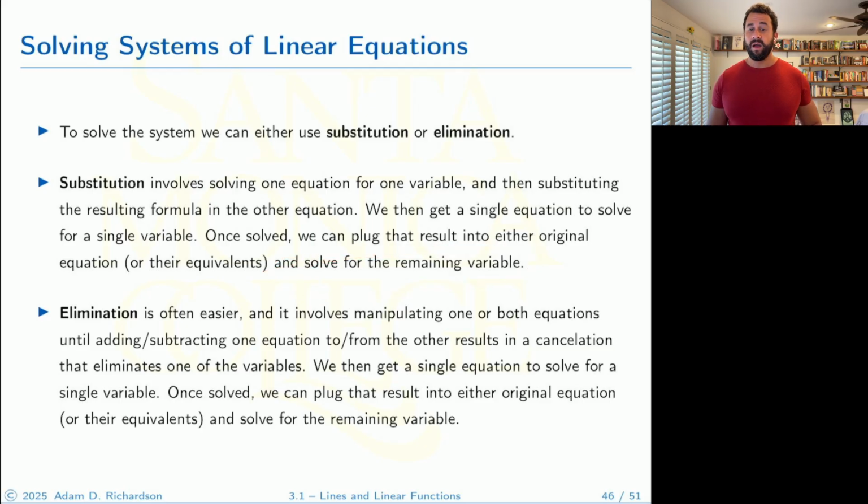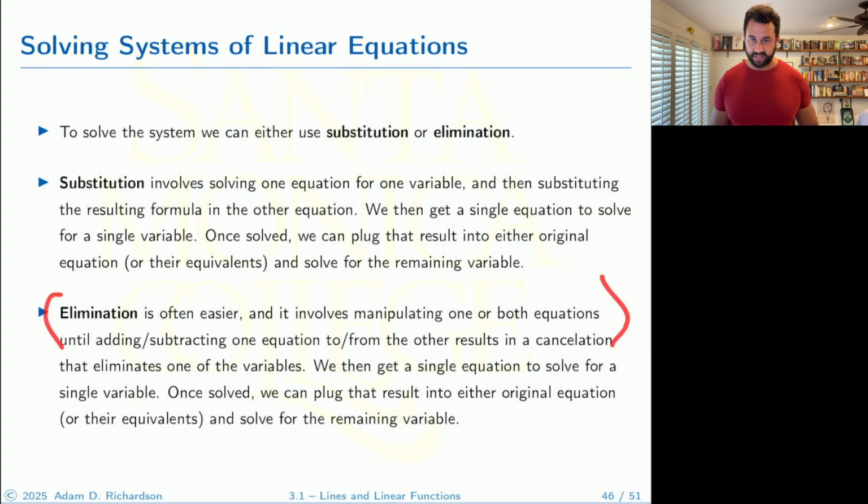Now, elimination is often easier, or takes fewer steps, or leads to somewhat less messy calculations. Elimination involves manipulating one or both of the equations until adding or subtracting one equation to or from the other results in a cancellation. What you're looking for is a cancellation, and that cancellation will eliminate one of the variables. Let me say that again.